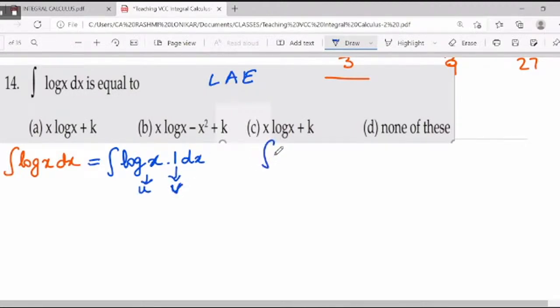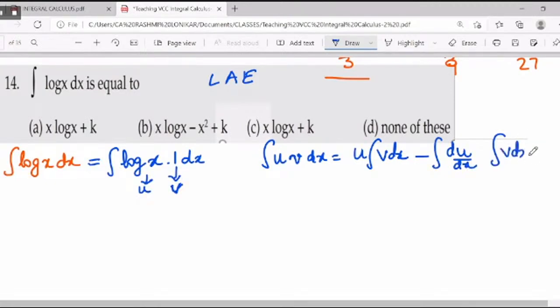What is the formula? Integral of uv dx is equal to the first function into the integral of the second function, minus the integral of the derivative of the first function into the integral of the second function, plus k.